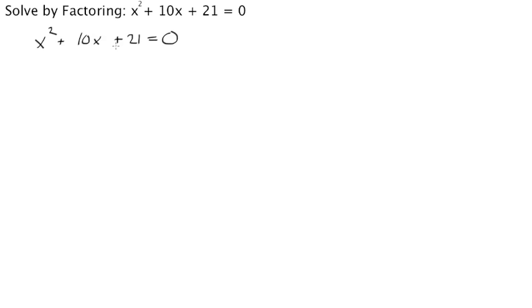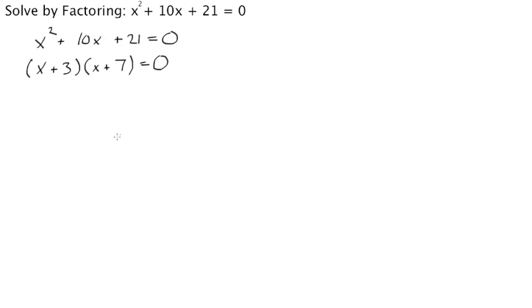What that means is we want to find two numbers whose product is 21, and since this is positive, we want their sum to be 10. So two numbers whose product is 21 and whose sum is 10, 3 and 7 seem to fit the bill just fine. So that means that we can factor this as x plus 3 times x plus 7.